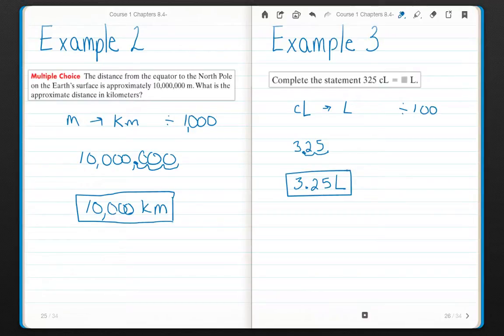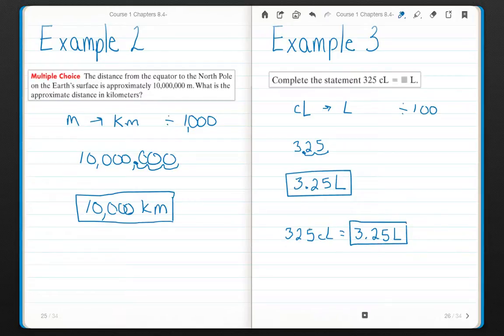And that's it for examples. So when you're doing your work today, please make sure you write down the original problem. For example, 325 centiliters, not a decimal yet, equals whatever your answer is, and put a box around your answer.